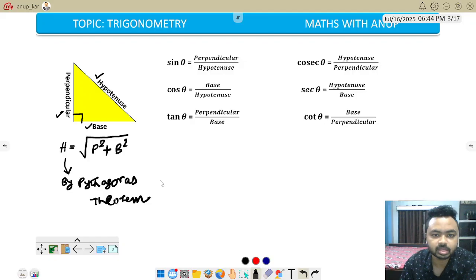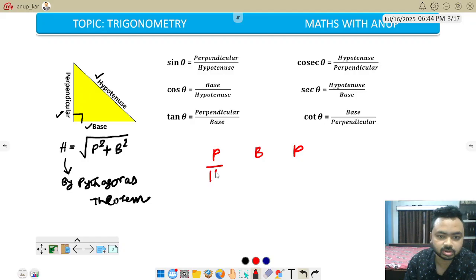Now coming to the ratios, we can better understand with this logic: P, B, P upon H, H and B. Here we can term it as Pandit Bhola Prasad Hari Hari Boliye.